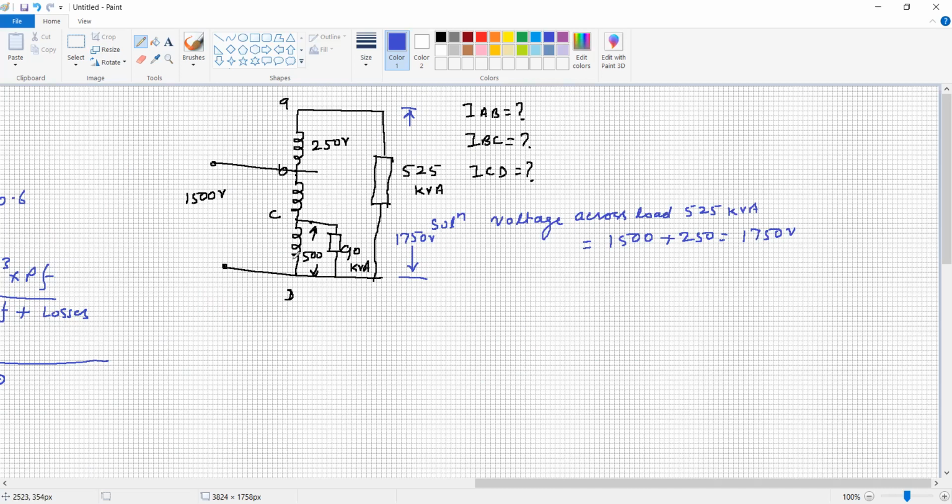Now the current in this section. Say the total current is I2, and this current is say I1. So what would be this current? This current will be I1 minus I2.